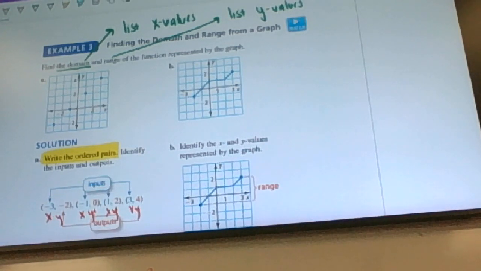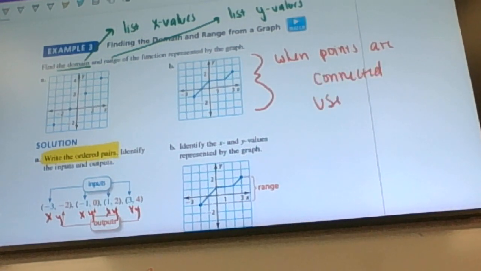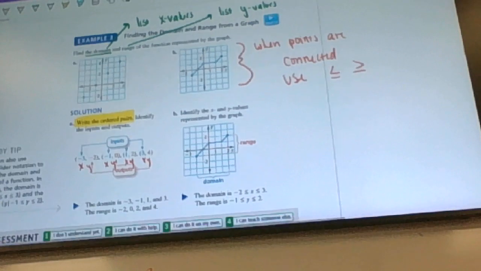Now, when the dots are connected, when points are connected, you have to use inequality symbols to show a whole range.